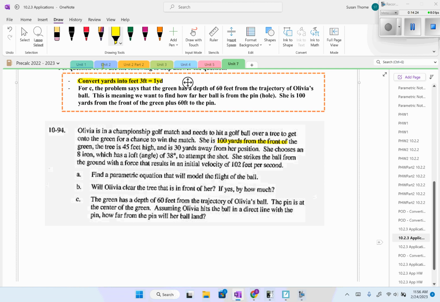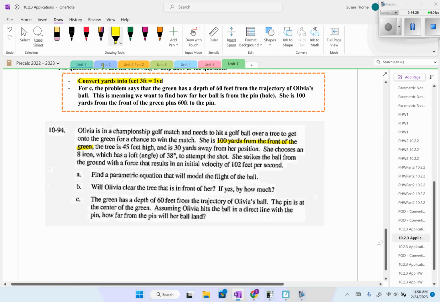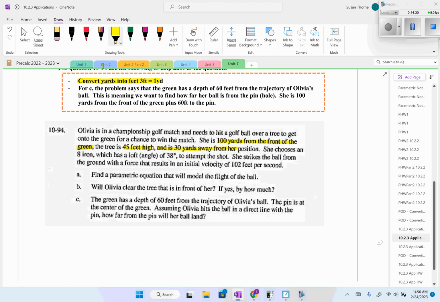She is 100 yards from the front of the green. The tree is 45 feet high and is 30 yards away from her position. She chooses an 8-iron, which has a loft angle of 38 degrees, to attempt the shot. She strikes the ball from the ground with a force that results in an initial velocity of 102 feet per second. Find the parametric equation that will model the flight of the ball.